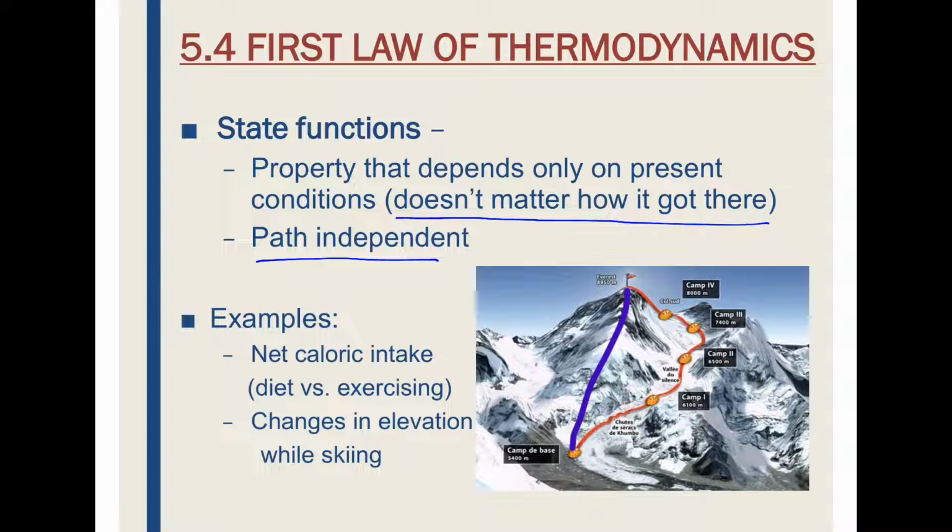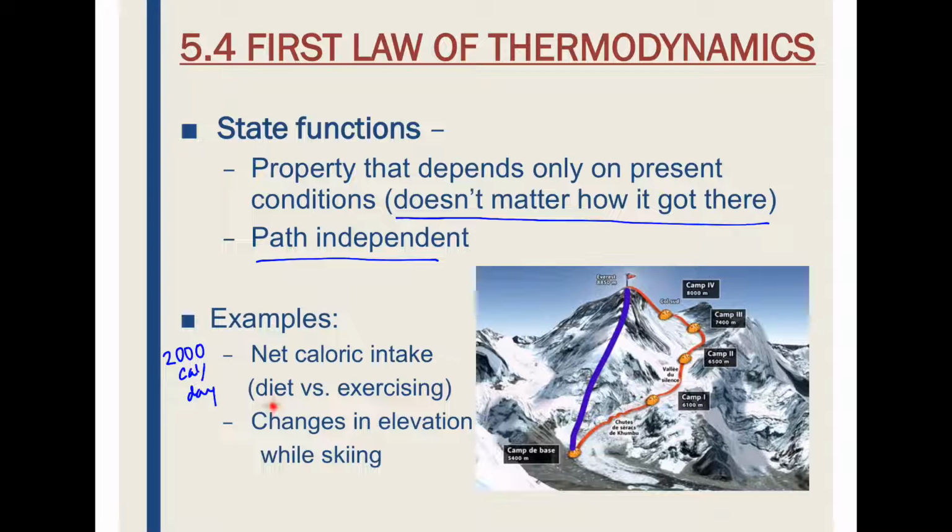So there's one example. Another example is what you see right here, the net caloric intake. The recommended calories for an average person is about 2,000 calories per day. Now, whether you take in those 2,000 calories by just eating carefully and making sure that you only take in 2,000 calories, that was one way to do it. The other way would be to eat more than 2,000 calories, but then exercise to burn off some of those calories.